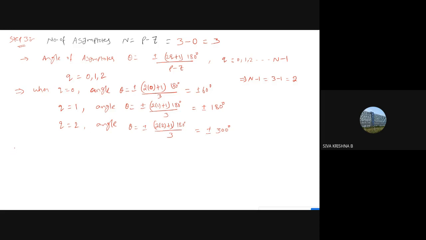Yes, ma, complete. Next we'll find the centroid. Centroid, that is sigma equals summation of poles minus summation of zeros, by total poles minus total zeros. What is the summation of poles?